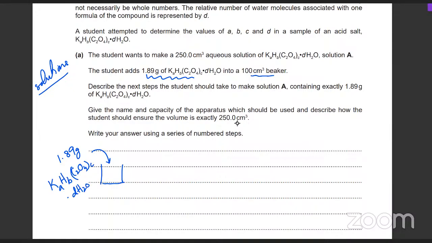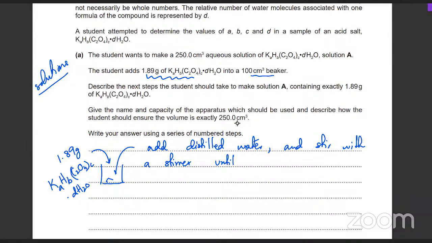What's the next step? You're going to add some distilled water into this. There's this salt at the bottom, so add distilled water, and stir with a stirrer until the salt dissolves.